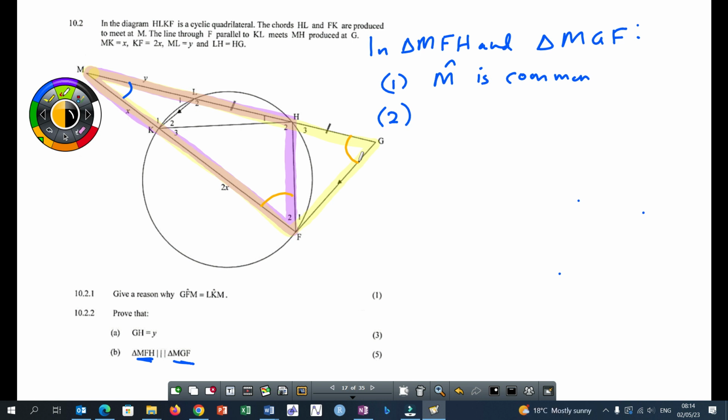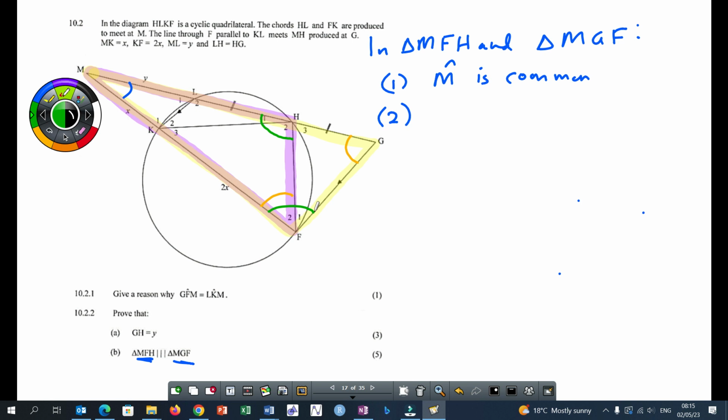So you move on to H and F. H will be this angle here, and then we also have angle F, but the F now is going to be that whole angle there. We need to prove that those two are equal.